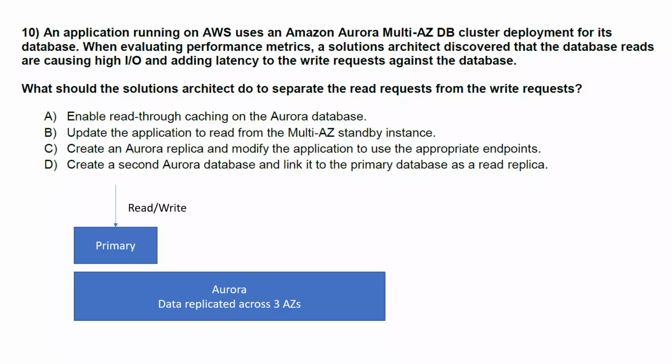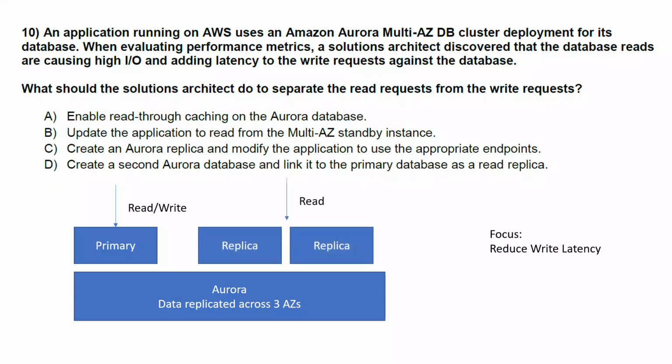So when you observe these kind of issues, what it means is that read and write traffic are all going through the primary instance. And the primary is not able to handle all the requests. In situations like this, we can either vertically scale the server or add read replicas to offload read requests.